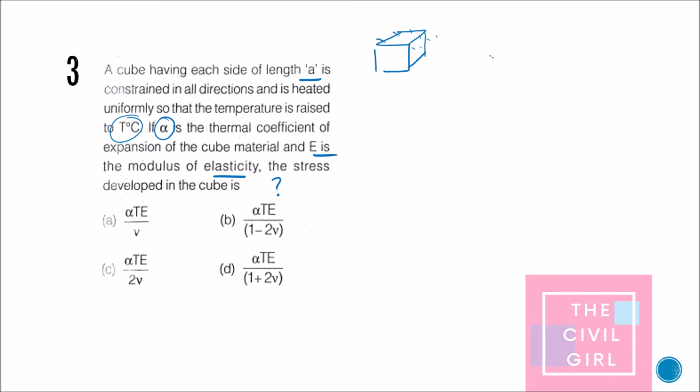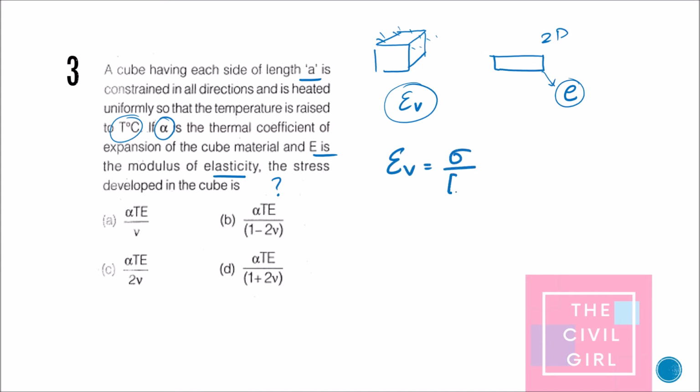If it had been a bar, when we consider it in 2D, then we can consider the strain of the material to find the stress. But when we come to a 3D material, we have to take into account the volumetric strain and not just the axial strain. So we know the formula for volumetric strain. It is equal to sigma by E into 1 minus 2 nu.